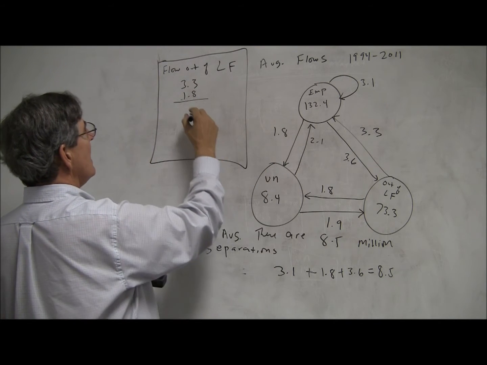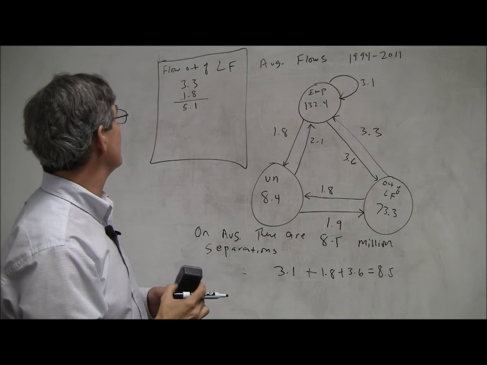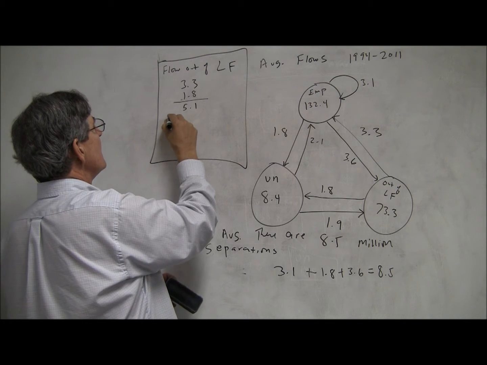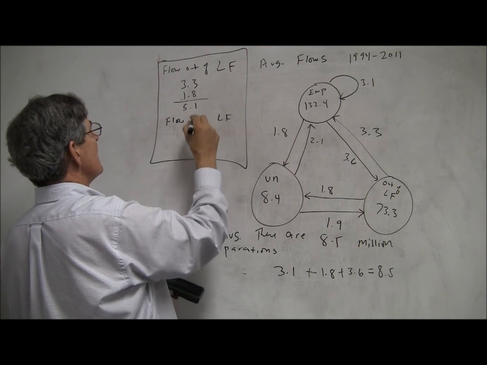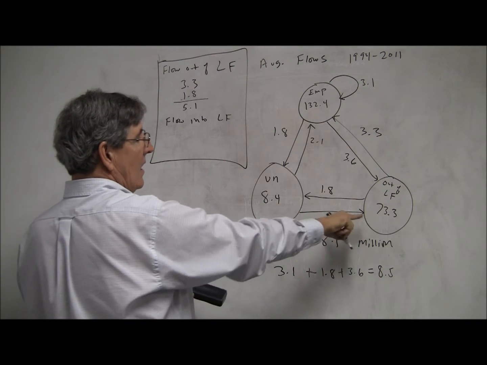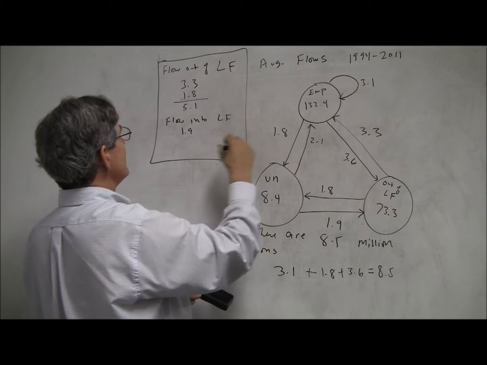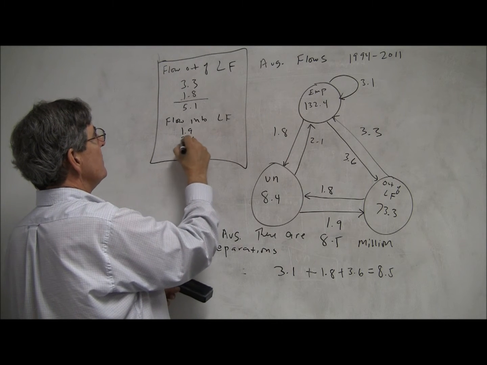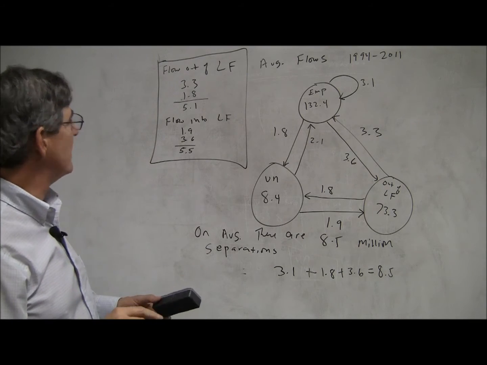They start looking for jobs. So 5.1 million is the flow out of the labor force each month. If you look at the flow into the labor force each month, again, these are averages, the flows in are 1.9 come from the unemployed, and 3.6 come from the employed. So you get 5.5 million, which is a fairly large number.